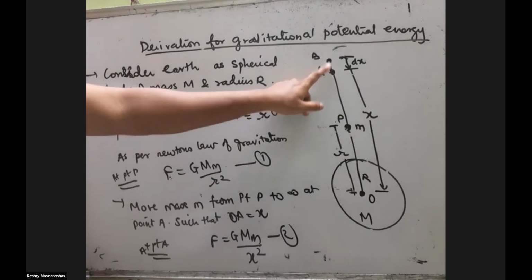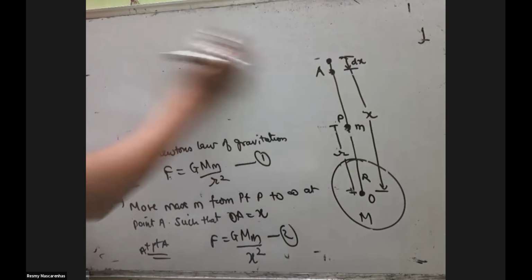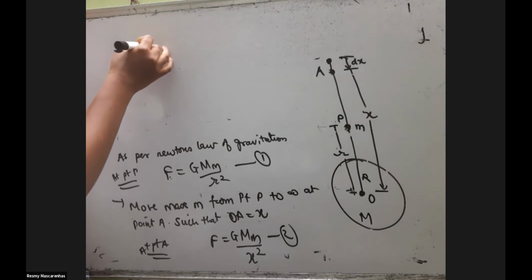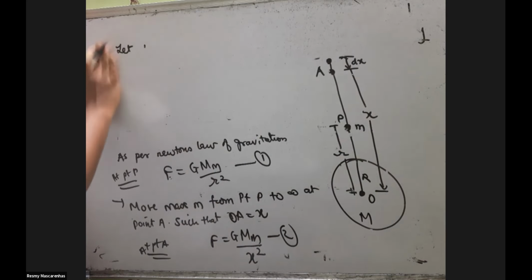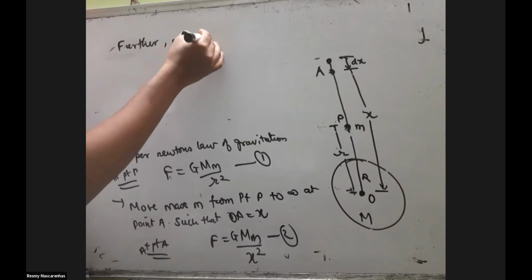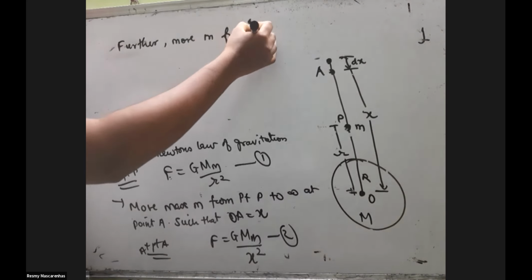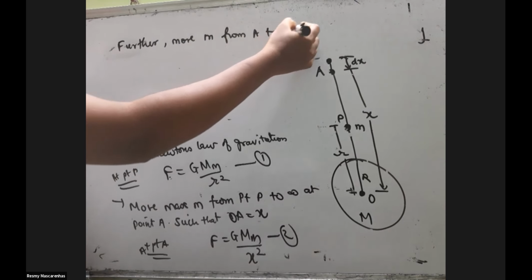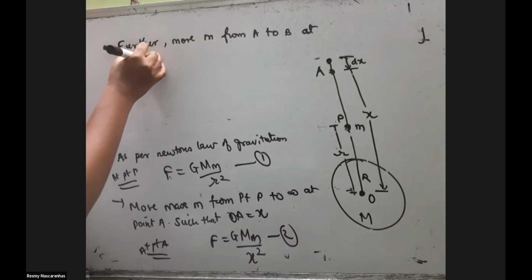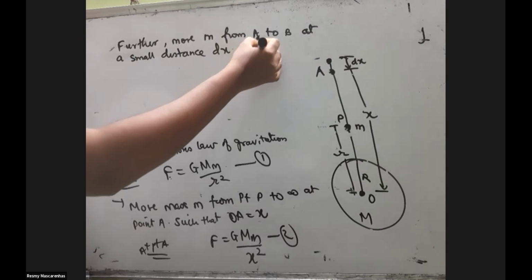Now from point A, a little bit further I'm taking it to point B. Further, move m from A to B, the small distance dx, against the gravitational force.